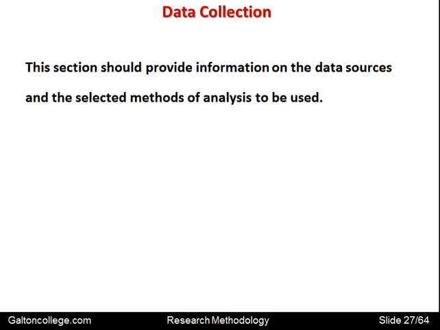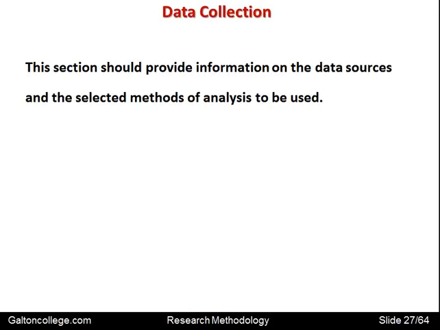In the data collection, this section should provide information on the data sources and selected methods of analysis to be used. So the data sources should be identified here, and the methods of analysis should also be discussed.